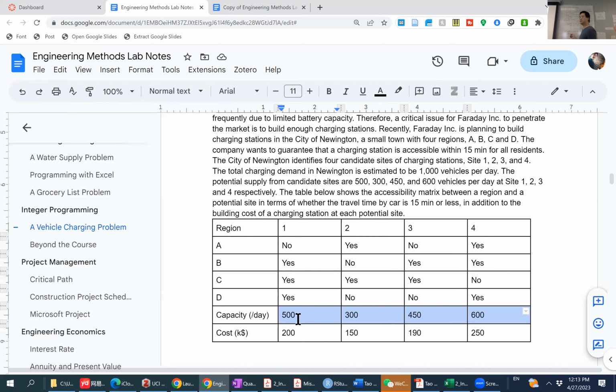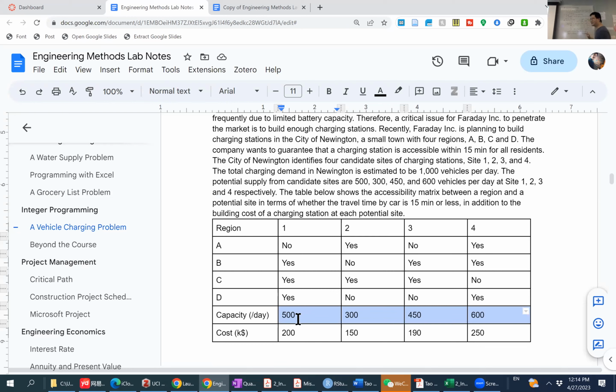If x1 instead equals 0, we don't have a station at site A, so we cannot enjoy this extra 500 units of supply per day. We do the same for the other sites. So this is 300 times x2 plus 450 times x3, and last piece is 600 x4.